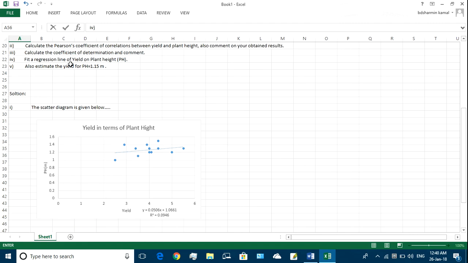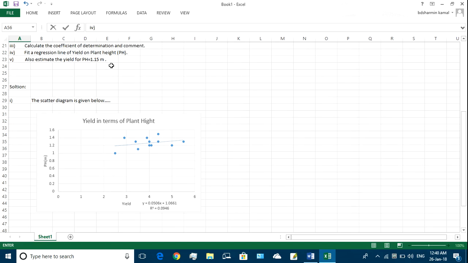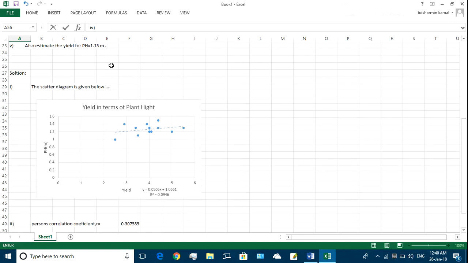Fit a regression line of yield, that is yield is considered as y, on plant height. Take a look at our scatter diagram. Here we are representing plant height in the y-axis, that is, in the scatter diagram y represents pH.